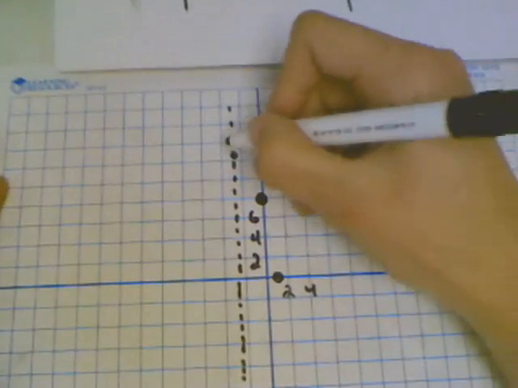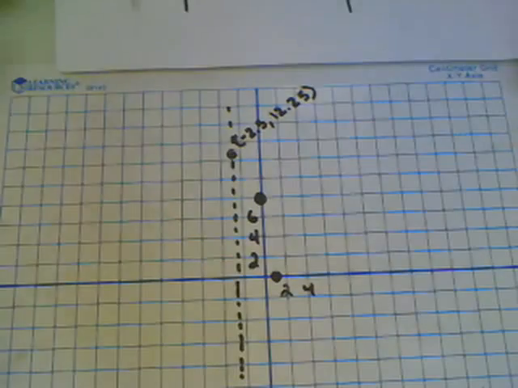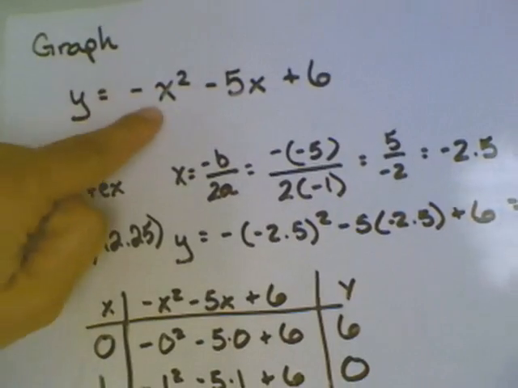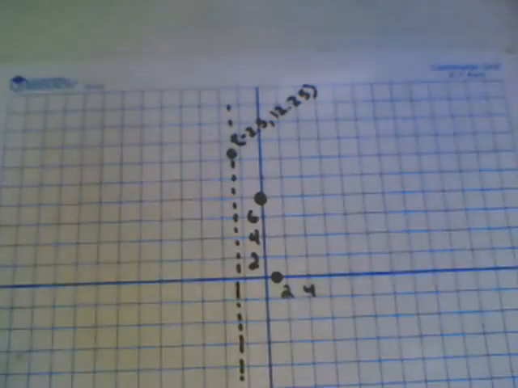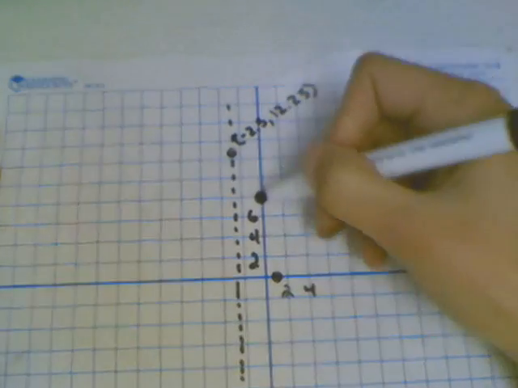Now it seems that my graph is going to open downward, and I can verify that because the coefficient in front of the x squared is negative. But I need to get the other side of my graph.